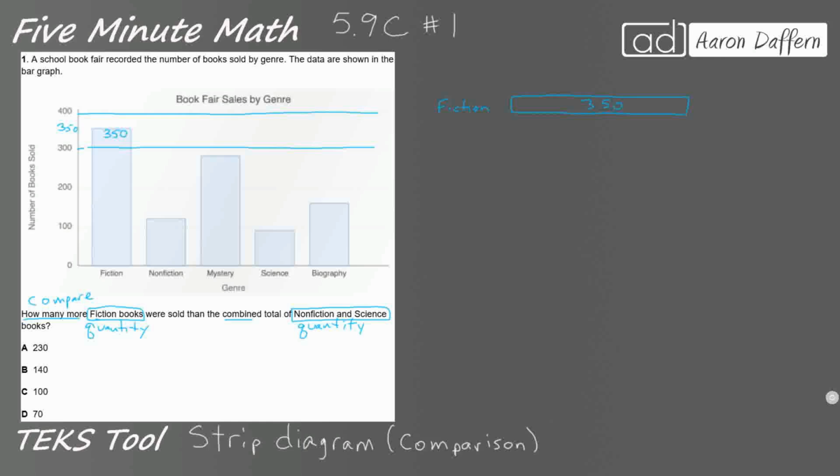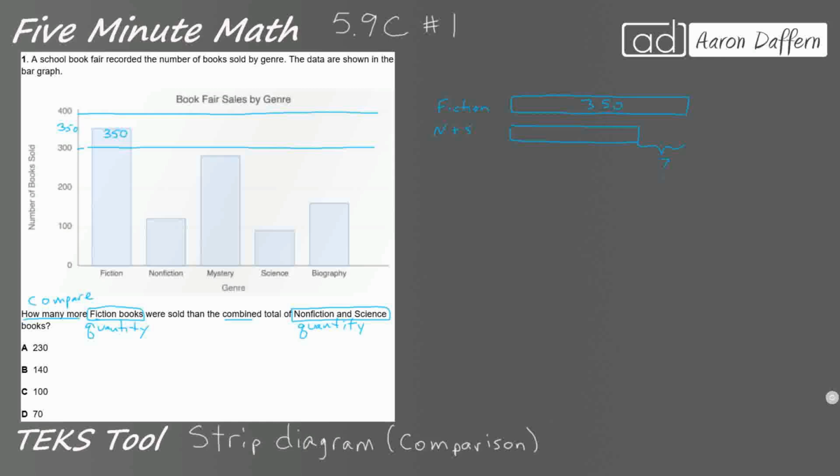All right, and then I've got my nonfiction and science coming up. So N plus S. And it's going to be less because they want you to know the difference between the two. And what we're looking for is that gap right there. That's what we're trying to figure out. How much longer is the fiction bar than the nonfiction and the science bar?